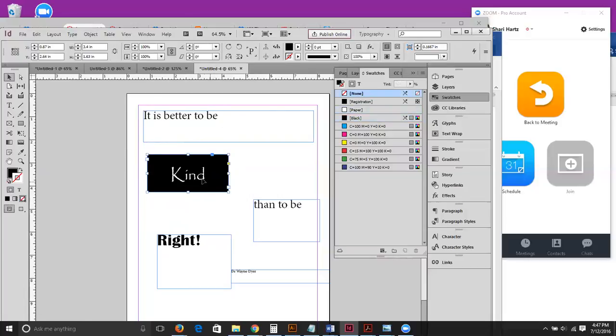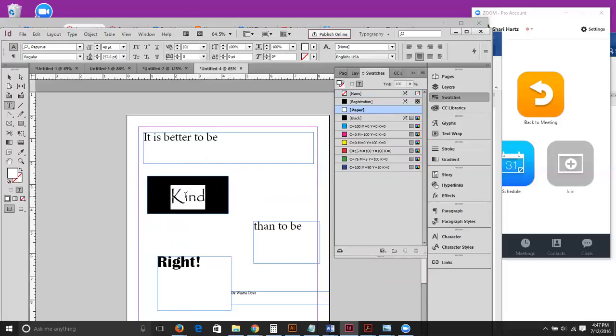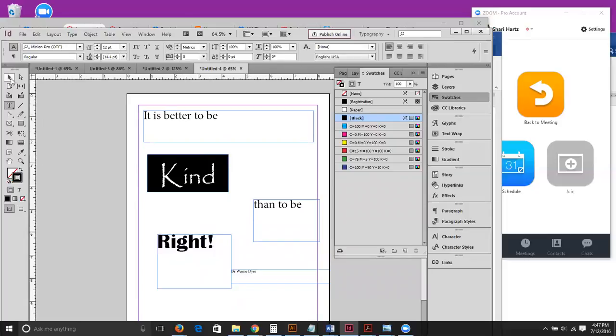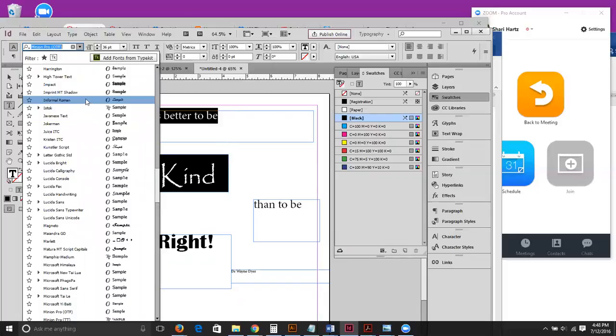Go and make that be bigger. Oh, sorry for the yawn. I think I want to make that just so it contrasts really well. A straight up sans serif.